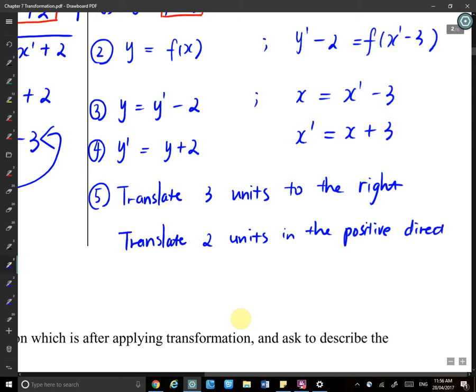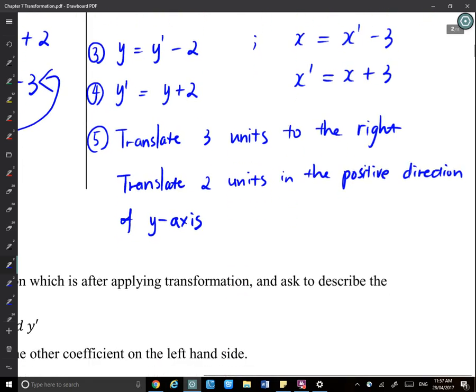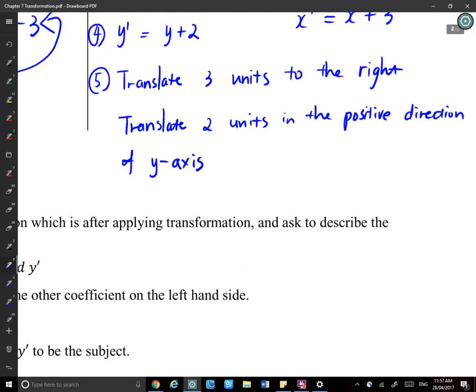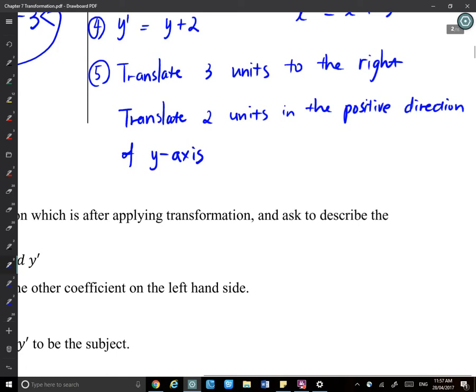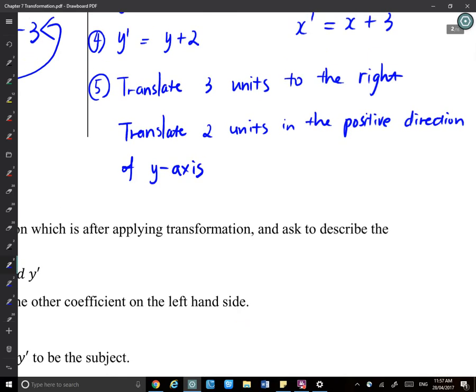It's better to write in the positive direction of the y-axis. You can write up, and you won't lose marks, but this one is more clear in which direction and from which axis. But it's okay to write left, right, up and down.